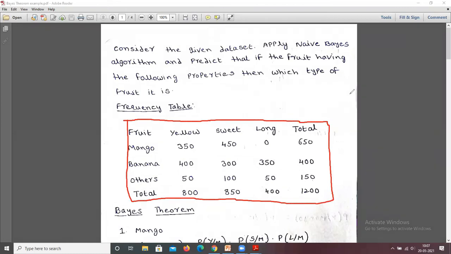In this there are three classifications. One is mango, second is banana, and the third one is others. So these three are the classifications.